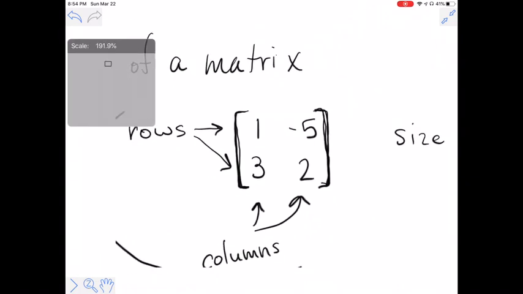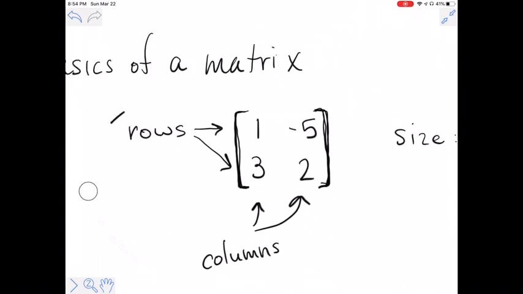But to determine the size of the matrix, you need to know the number of rows and the number of columns. So the rows are the horizontal components that go this way. So this matrix that I have drawn has two rows. Top row, or row 1, being the row 1, -5, and then the bottom row being the row 3, 2.